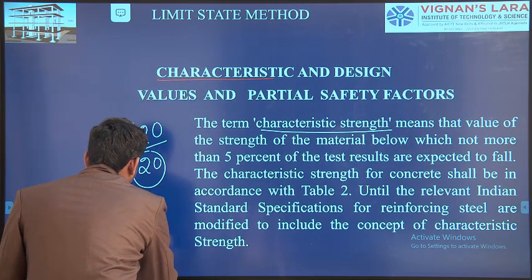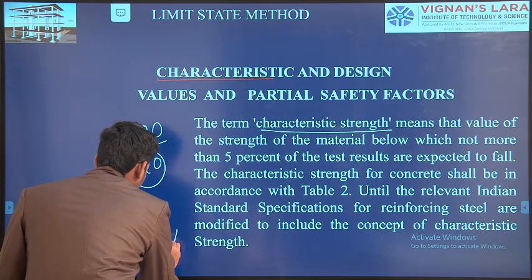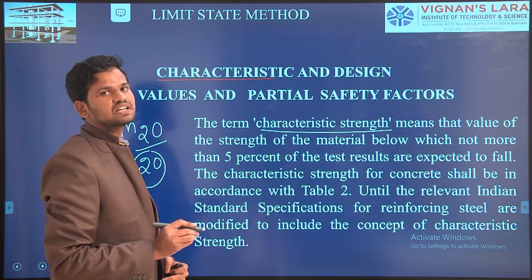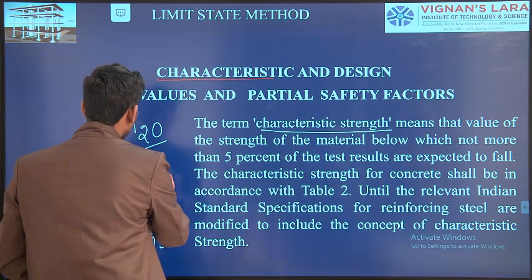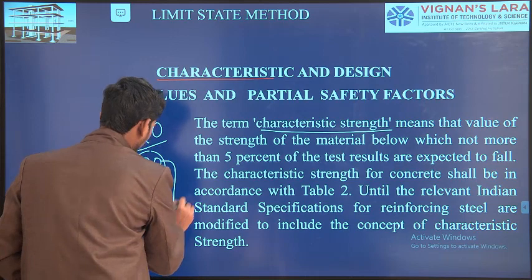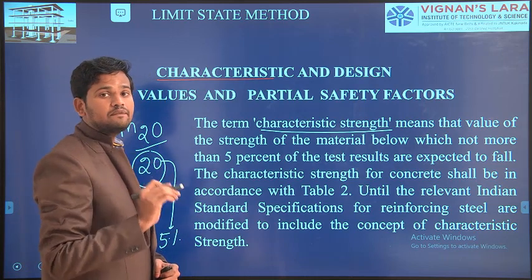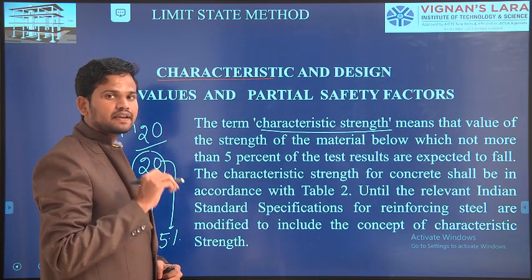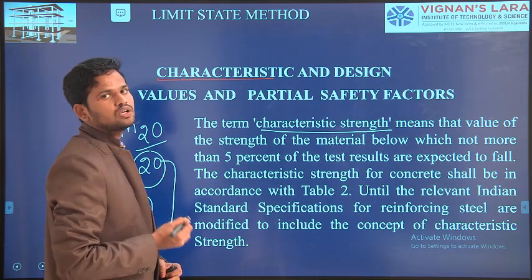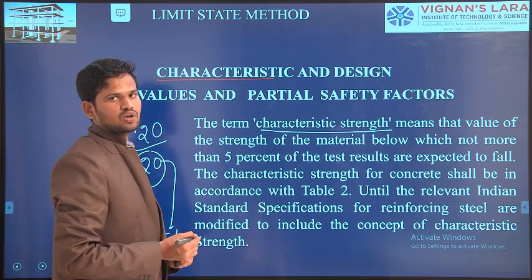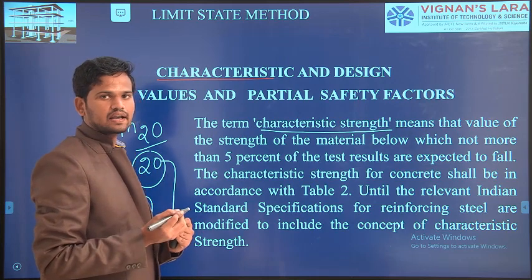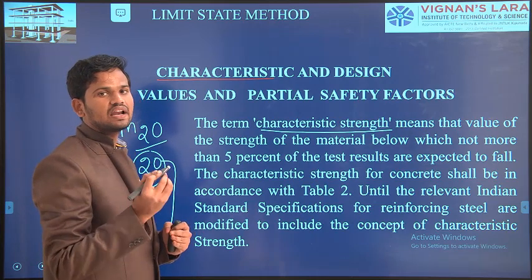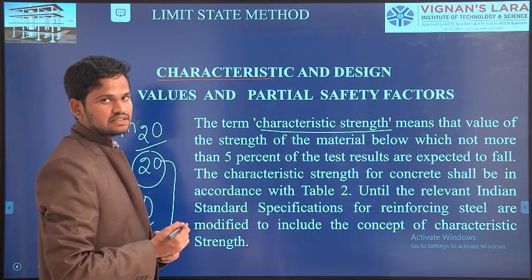Up to 95% of the cubes should give a strength of more than 20 Newton per mm square. Only 5 cubes, or 5%, are expected to fall below 20 Newton per mm square. If you get concrete like that, then only we call it the characteristic strength.